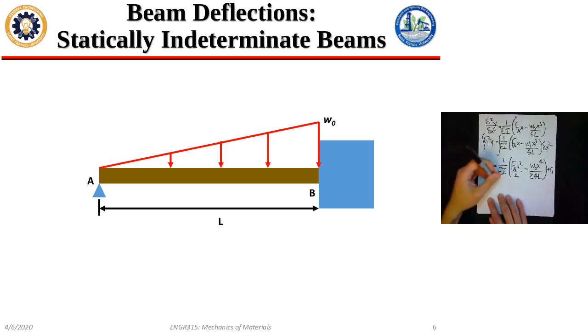So, write that out. So 0 equals 1 over EI, sorry, I'm getting smaller again.